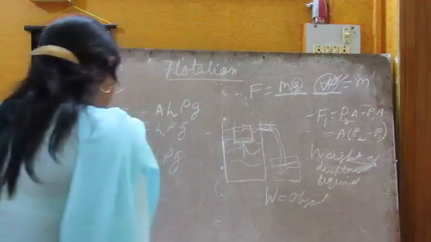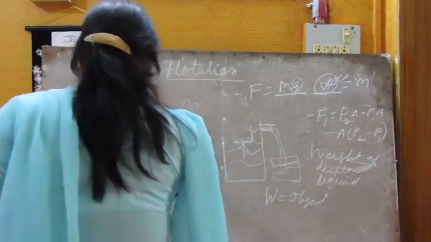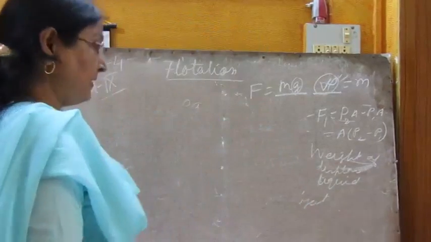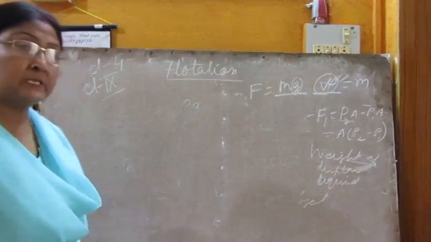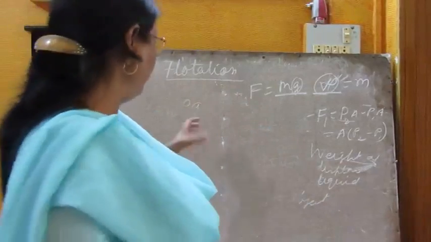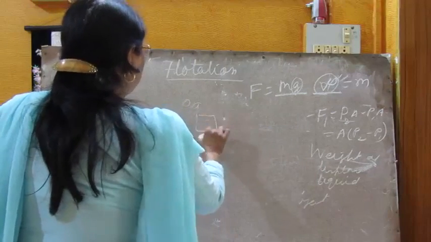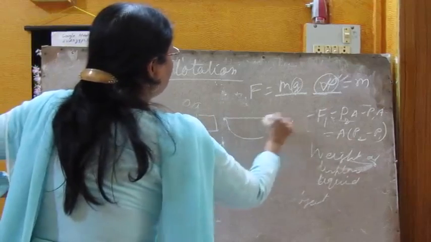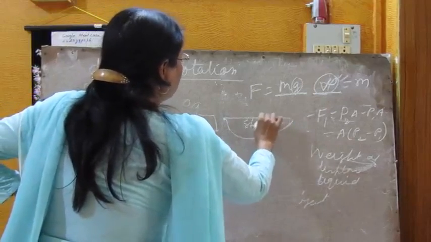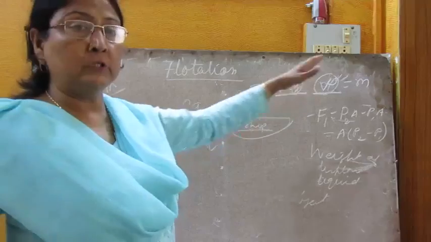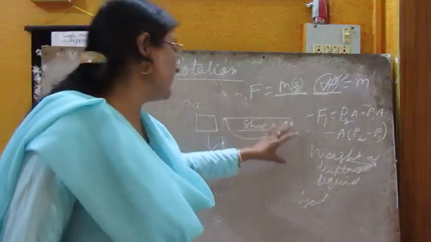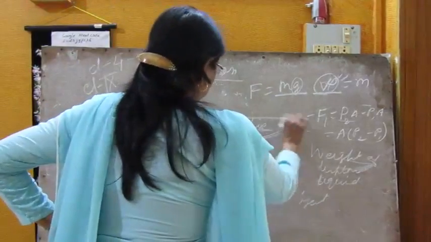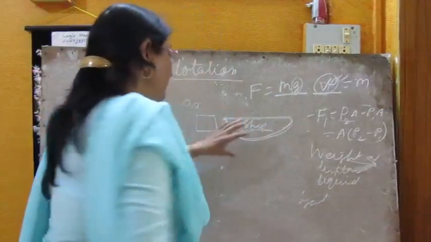Based on this Archimedes principle, we can see many applications, like submarines and ships. One small iron block can sink, whereas a huge ship nicely floats on the sea. So what is the difference? The ship has such a huge volume.